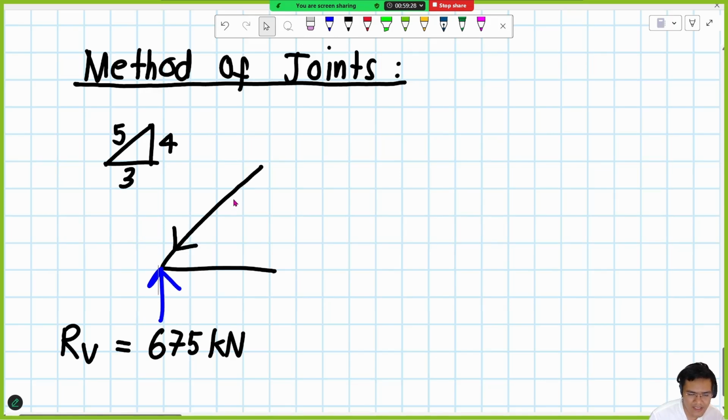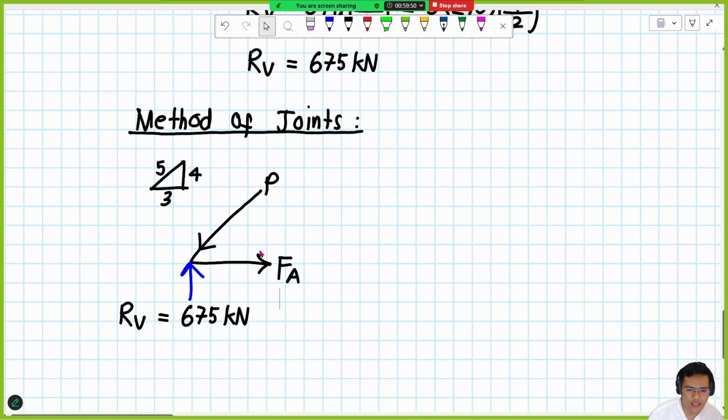In terms of summation of force horizontal, since this is going to the left, this member should be going to the right, to resist. Now here we say this is load P, or internal force P, and this is internal force A, force at member A.